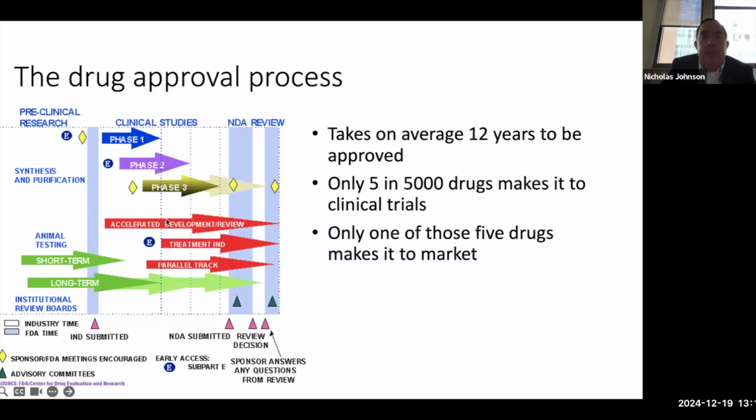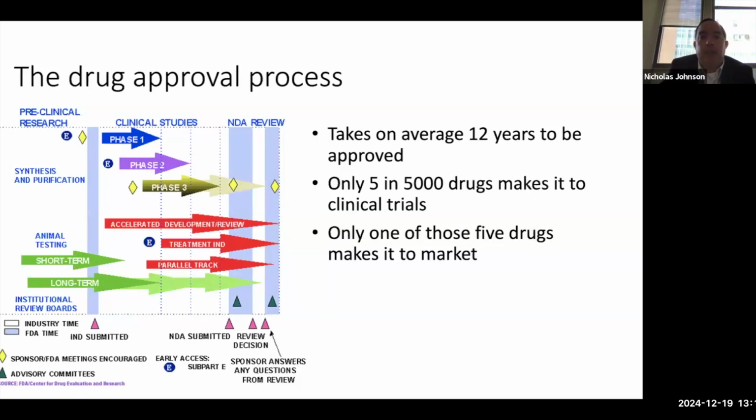You may hear about this accelerated development review, which is a different process here. Basically, what that means is that they are taking data from the phase 1-2 trial and using a biomarker like DUX4 knockdown, for example, and saying, we know that if we knock down DUX4, that drug is going to have long-term benefit.